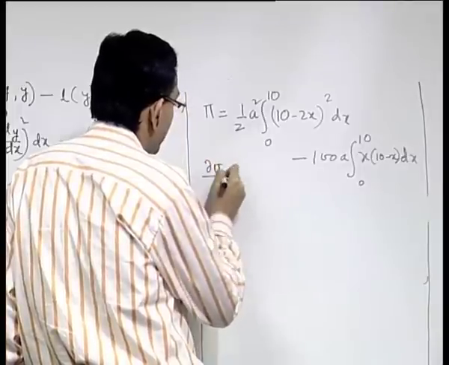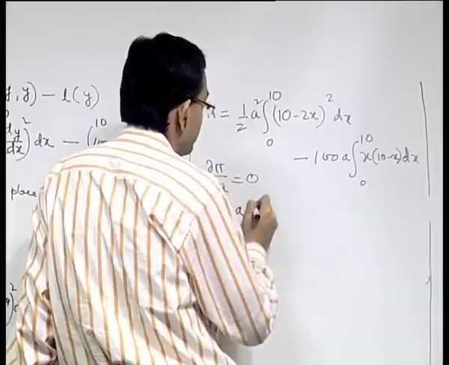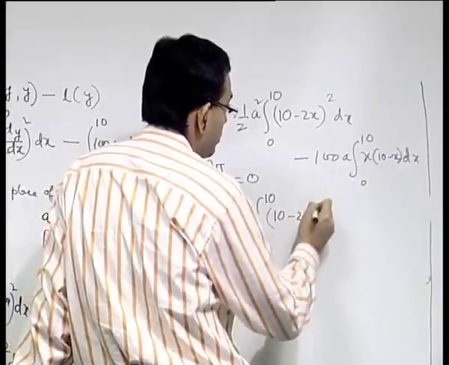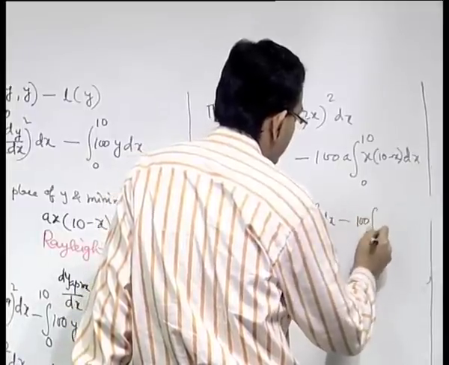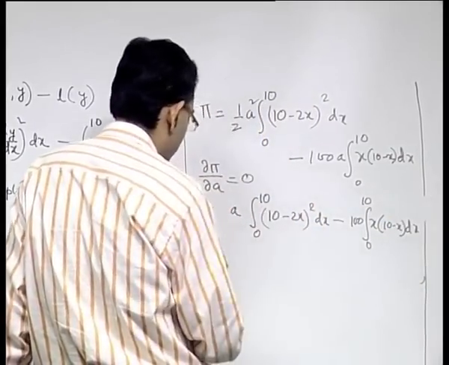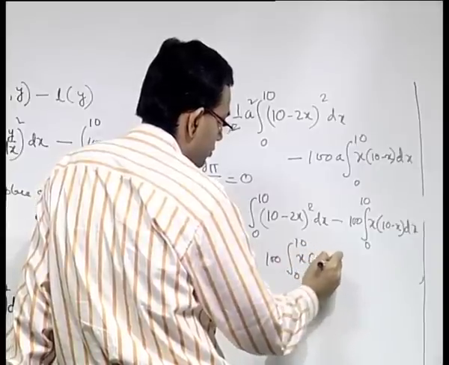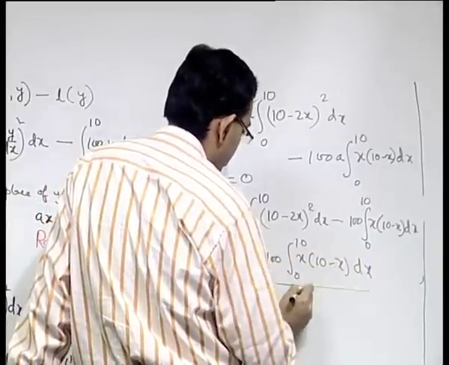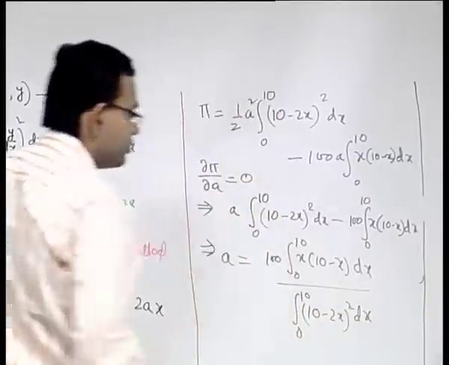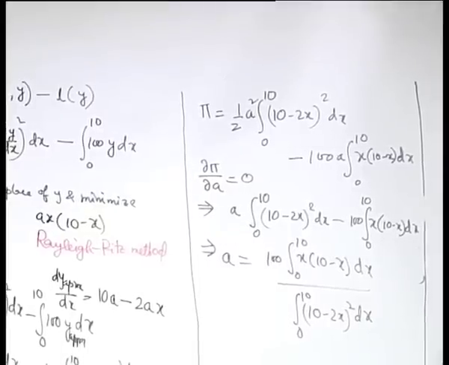So, you have del pi del a equal to 0, which implies a is equal to... okay.